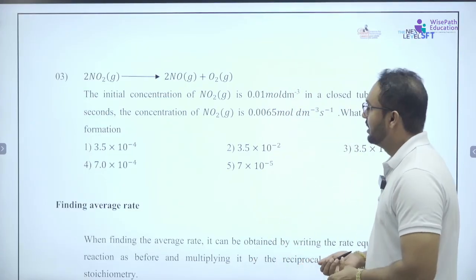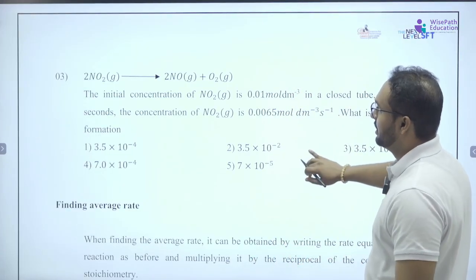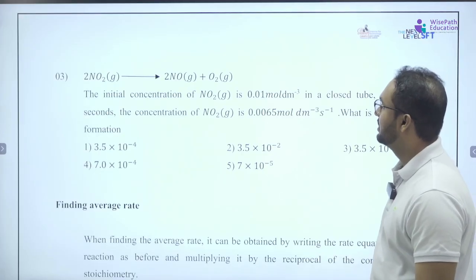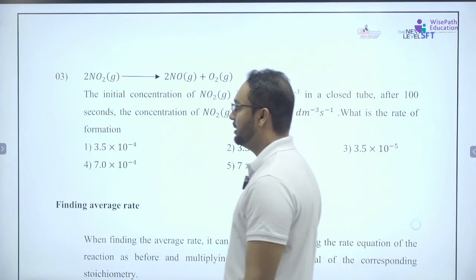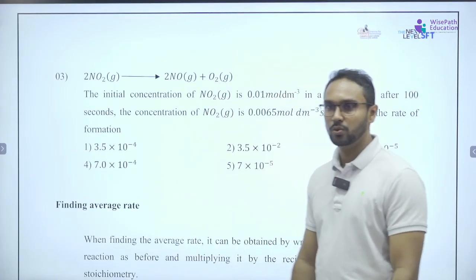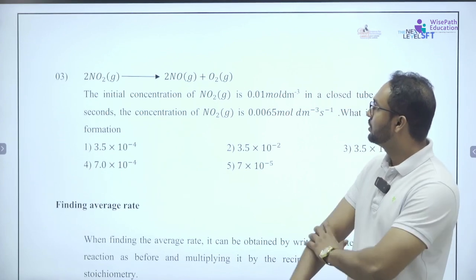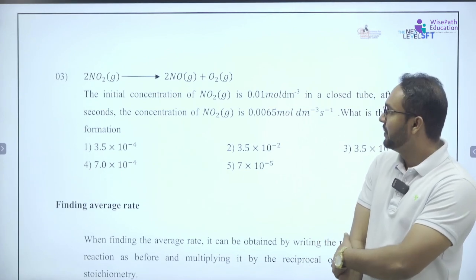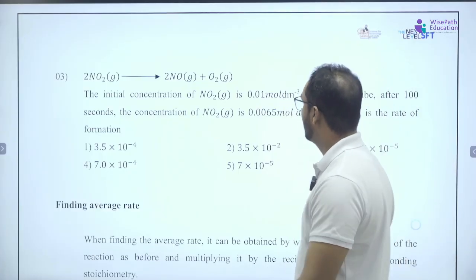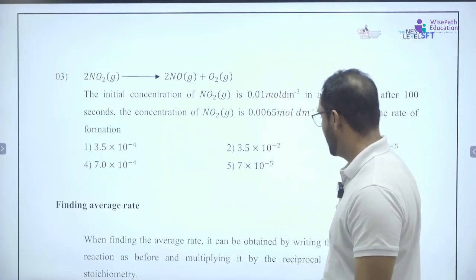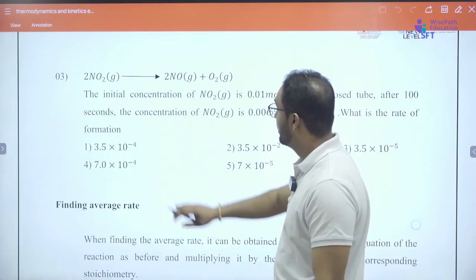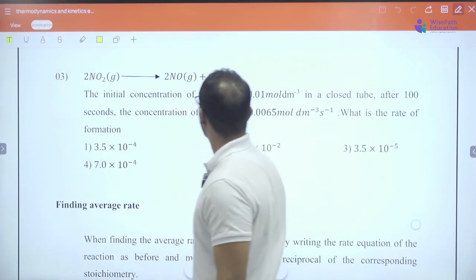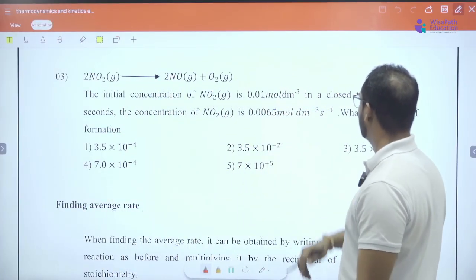So coming to this question, NO2 gas is converted into NO and O2, right? The initial concentration of NO2 is given as how much? 0.01 moles per cubic decimeter.